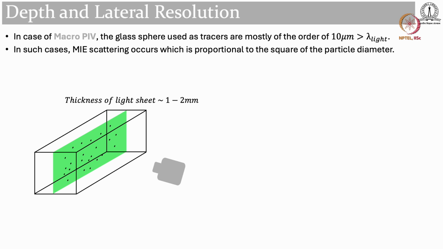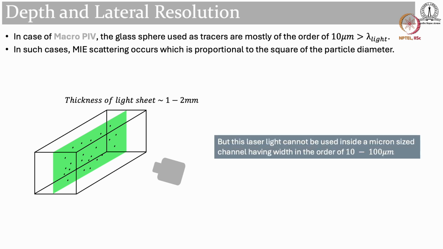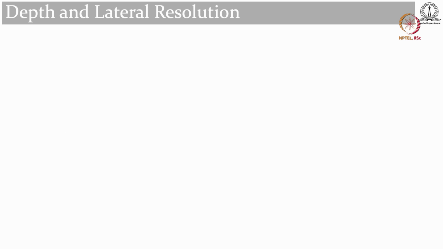If you use this laser light for your micro channels, of the order of 10 to 100 microns, the light would flood the whole channel and you will be seeing everything inside it, right? So what you will see is a huge region, which is not desirable most of the time.